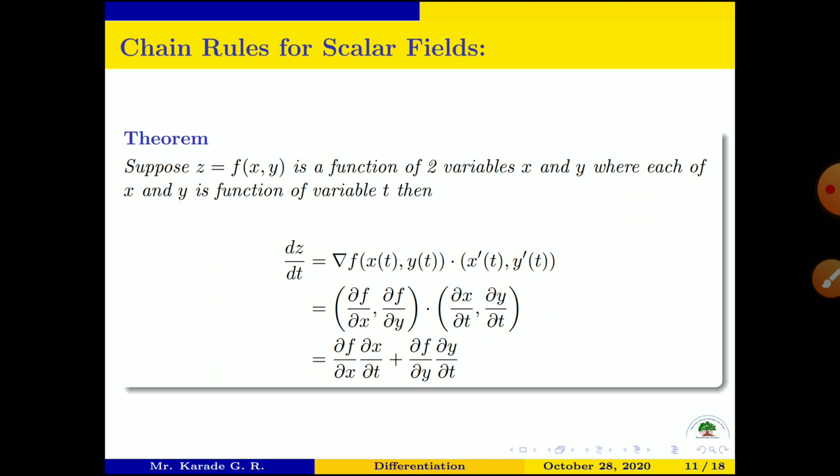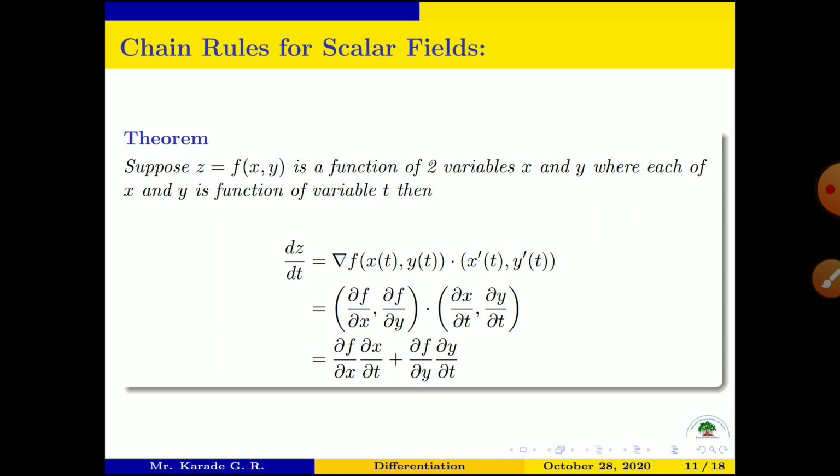Okay, and it is equal to, if I take a dot product we get a scalar quantity: dou f by dou x into dou x by dou t plus dou f by dou y into dou y by dou t.